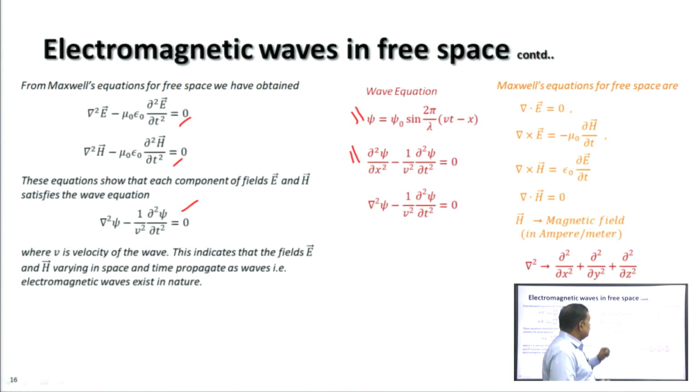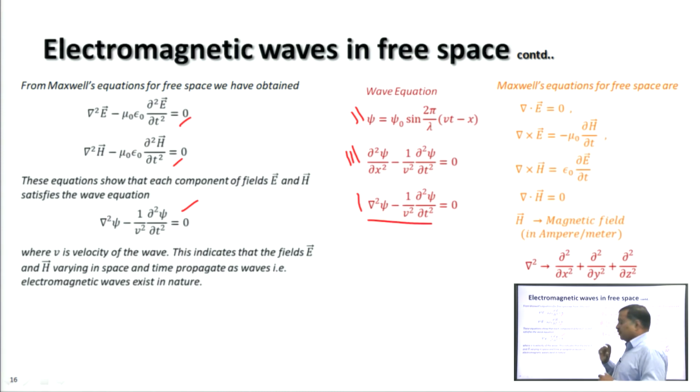This is in one dimension for plane wave, and if we write this equation in 3 dimensions, then we have del square psi minus 1 by v square delta 2 psi by delta t square. So this equation represents a wave in 3 dimensions, and here v is the velocity of the wave.